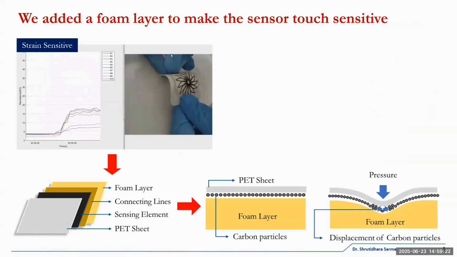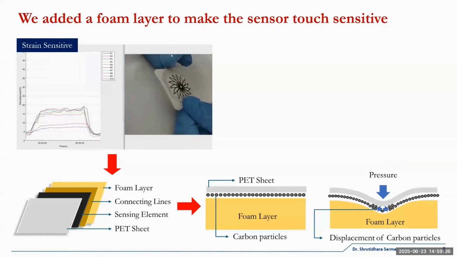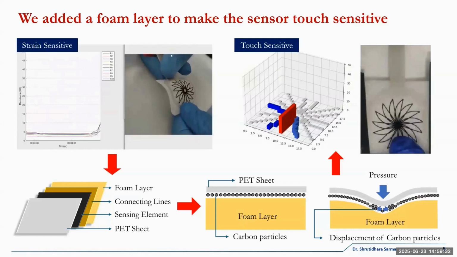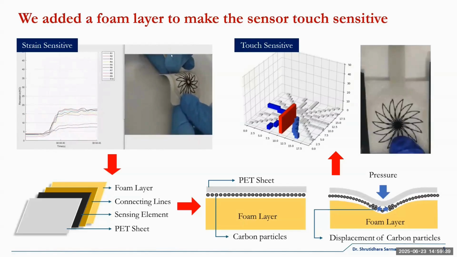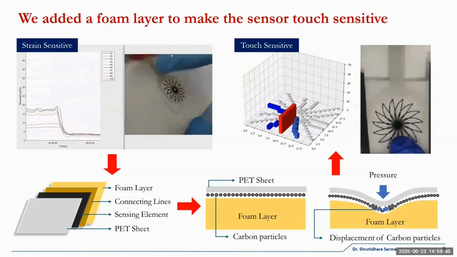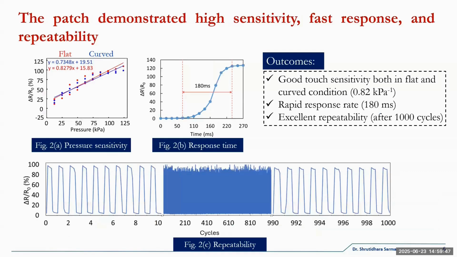Now if you touch somewhere, that touch is converted into localized strain, and the sensor becomes touch sensitive. If you tap on a particular point, I have included this 3D graph for visualization, and you can see where the sensing element's resistance is changing. Accordingly, you can detect different taps and swipes, single-finger or double-finger taps, like that.